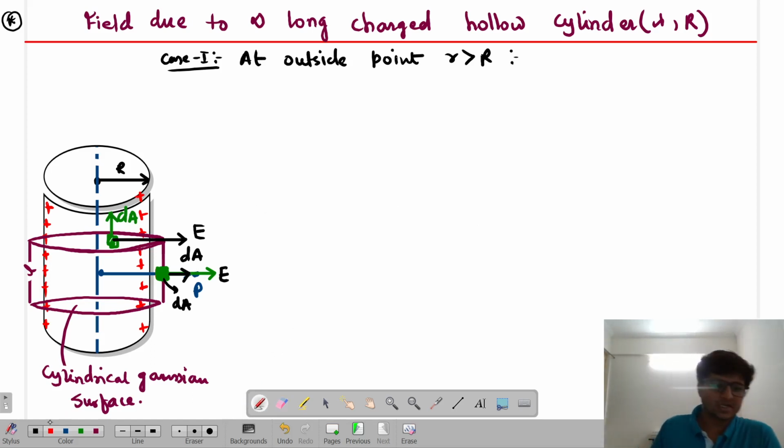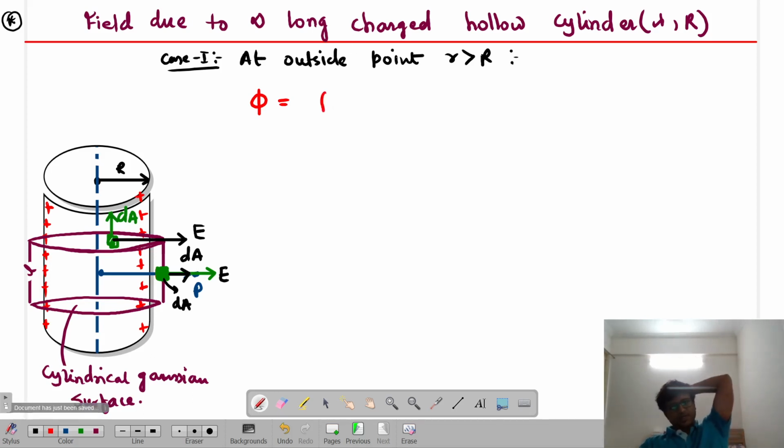So therefore we'll write the flux equation for it. Since we are trying to find through Gauss law, we will calculate through flux, isn't it? So flux will be integral E vector dot dA.